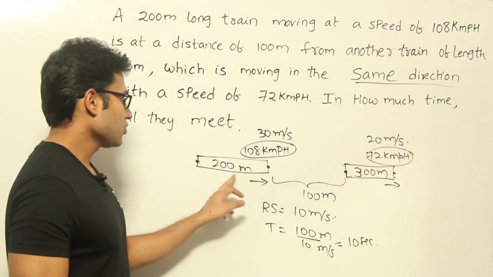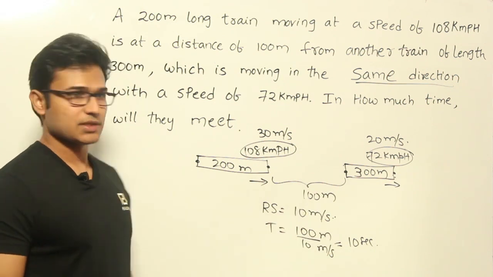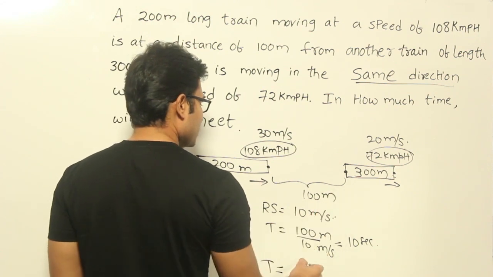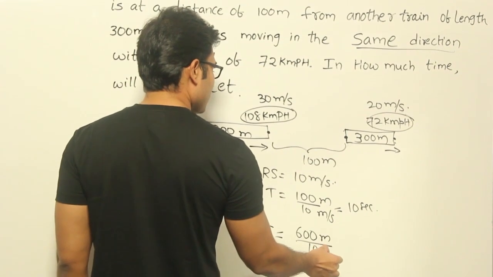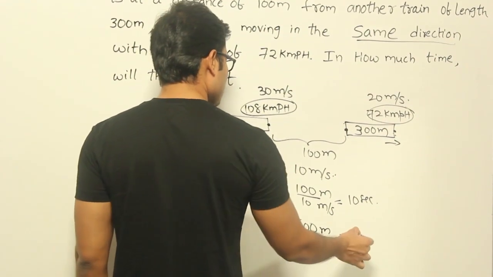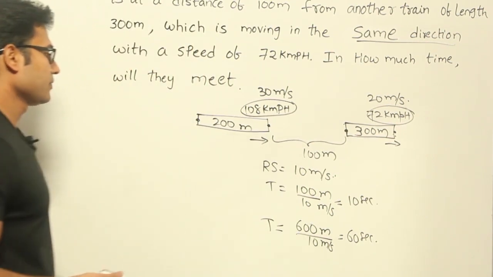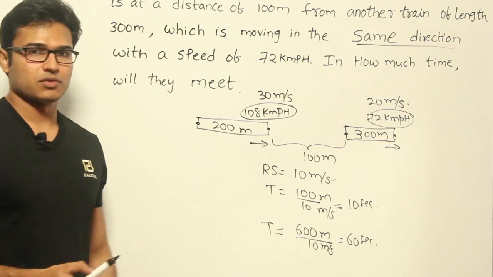So we are supposed to cover 200 plus 100 plus 300 using a speed of 10 meters per second. Then the time is 600 meters divided by 10 meters per second, which is 60 seconds. Got it? That is how overtaking is going to work, and this is how meeting is going to work.